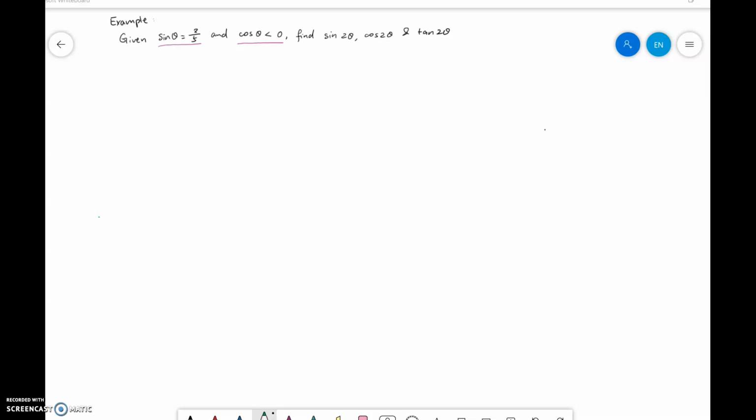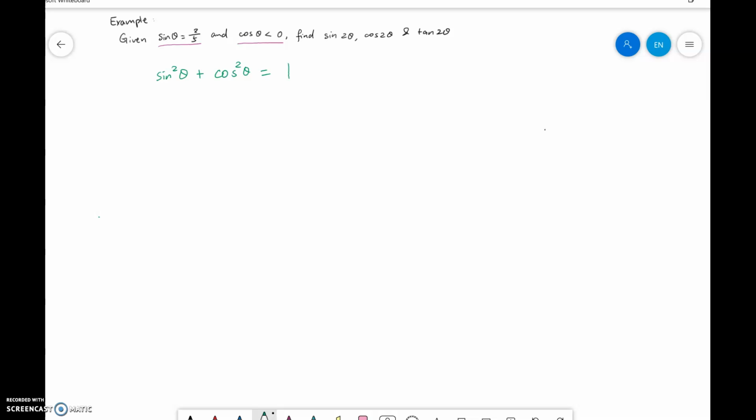If you feel that is too complicated, and wonder how to know which one to start from, then another method you can start with is using the Pythagorean identity, which is sine squared theta plus cosine squared theta equal to 1.